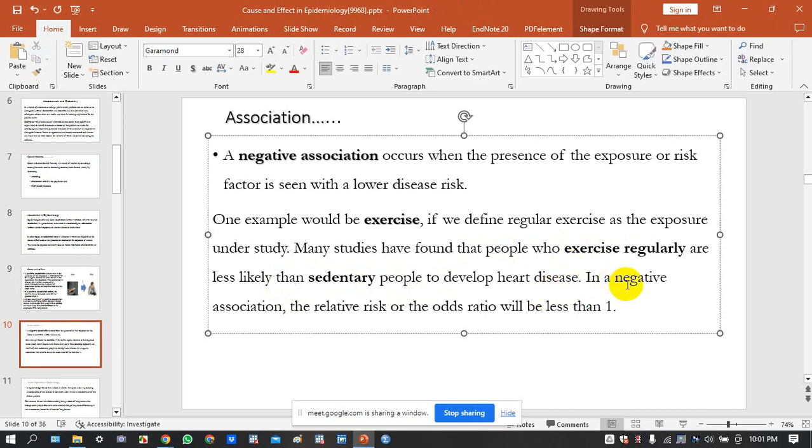So we can see that in a negative association, the relative risk or odds ratio of people who exercise will be less than 1, meaning that exercise has a protective effect from you getting heart diseases.